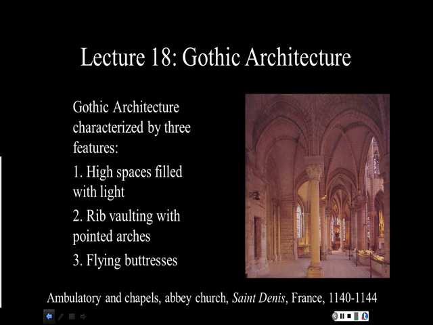Saint Denis was particularly interested in the concept of mathematical harmony and believed that light would reveal the presence of God. And this is something that is going to be very influential on Abbot Suger, who is accredited with designing and overseeing the building of this choir, which is considered the first Gothic work.